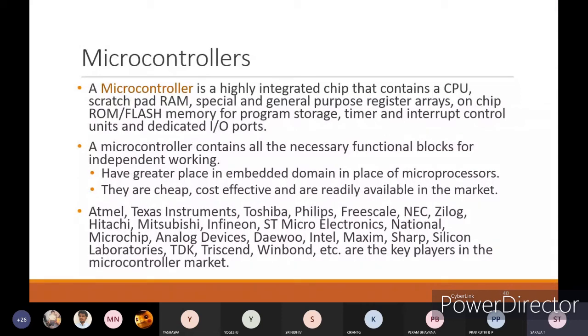Still more companies are there, where you can see different types of microcontrollers.